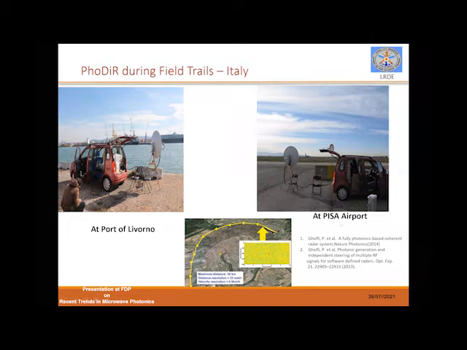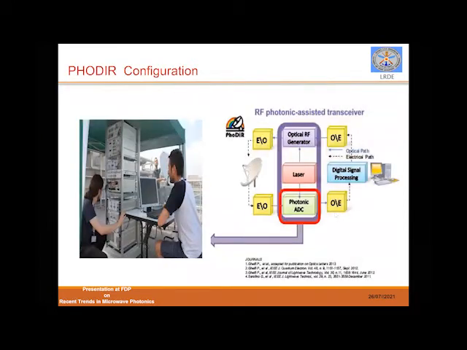Now, regarding the FODIR configuration, they have mentioned that whatever is coming from the antenna during reception is converted to the optical domain, and by using photonic ADCs, direct RF to baseband signal processing happens without conventional mixer stages.